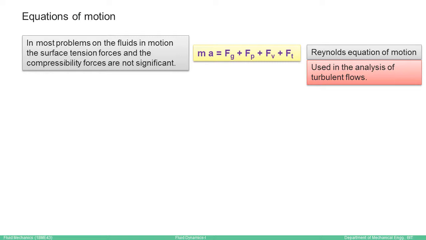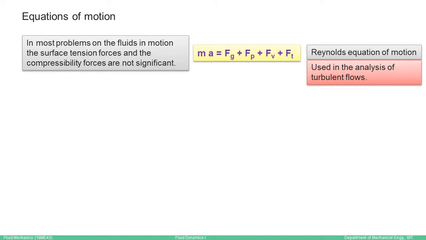And laminar and turbulent flows are characterized by Reynolds number. Reynolds number is the ratio of inertial force to the viscous force in a fluid motion. When viscous forces dominate over the inertial forces, when high viscous resistance is offered to the fluid motion, then the flow will be laminar.